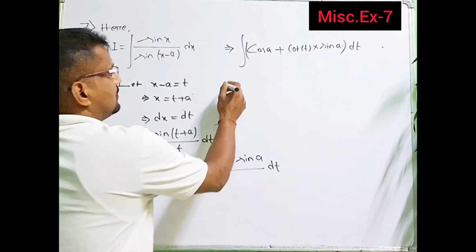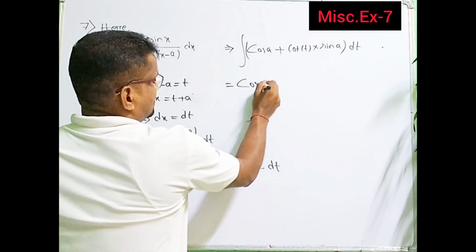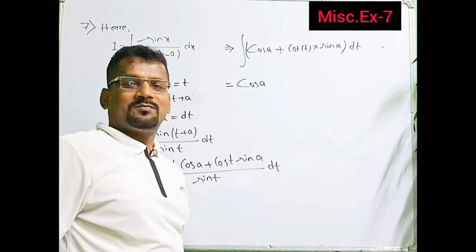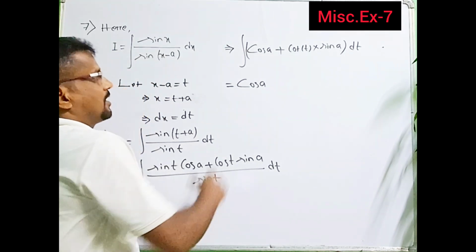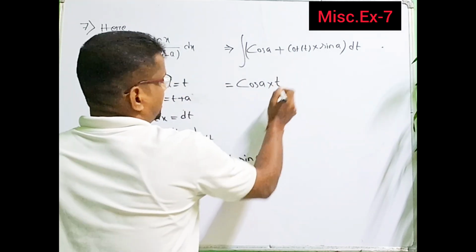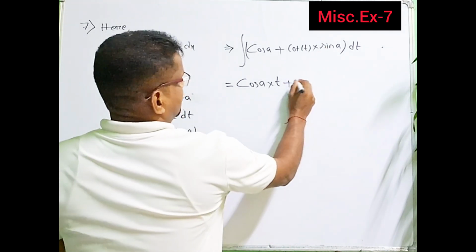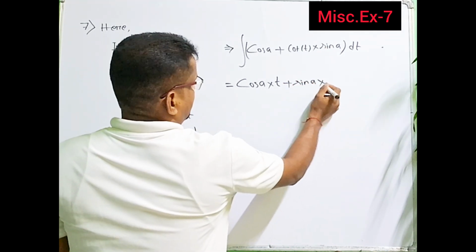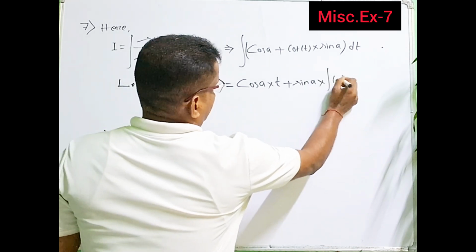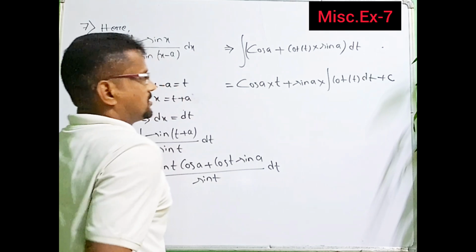Then you see here, integration of cos a dt. Cos a is a constant, or it's a number. It will be taken out from the integral sign. Then integration of dt, let me write directly t, plus sin a is a constant. So let me write sin a here, and integration of cot t dt, plus c, constant of integration.